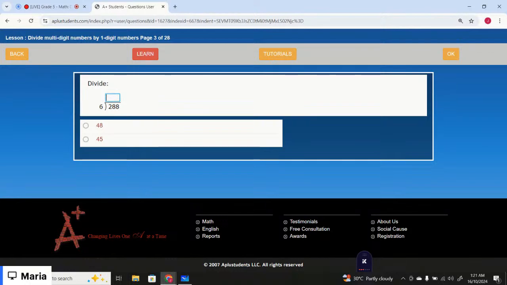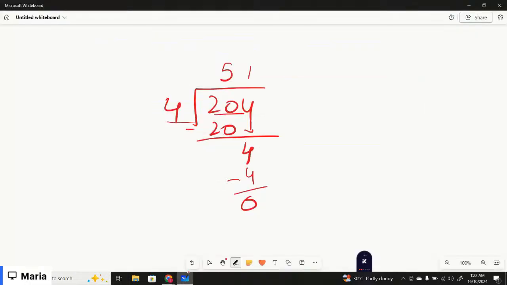The next one is 288 divided by 6. So you need to count the table of 6 until 28, or the number that is less than 28.